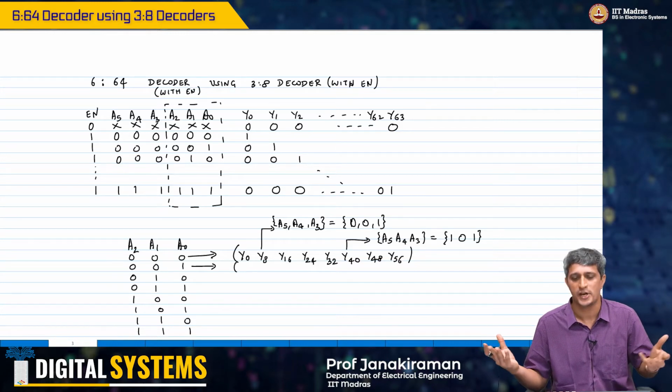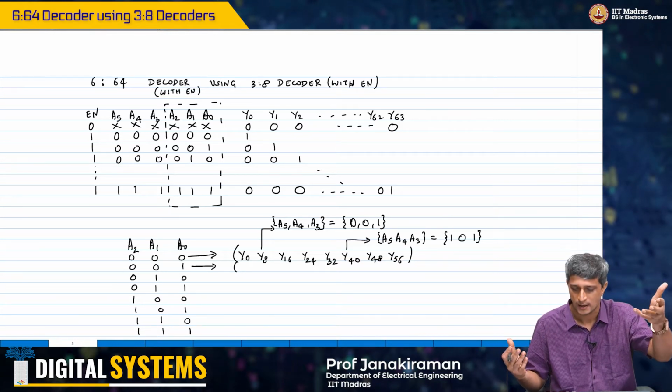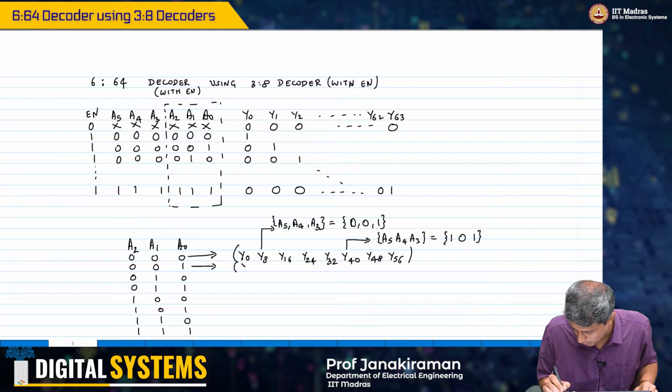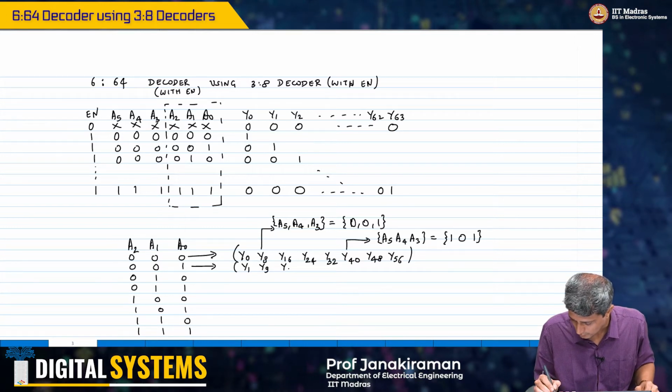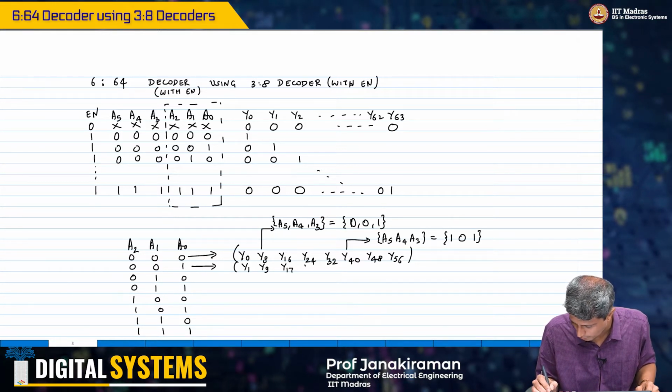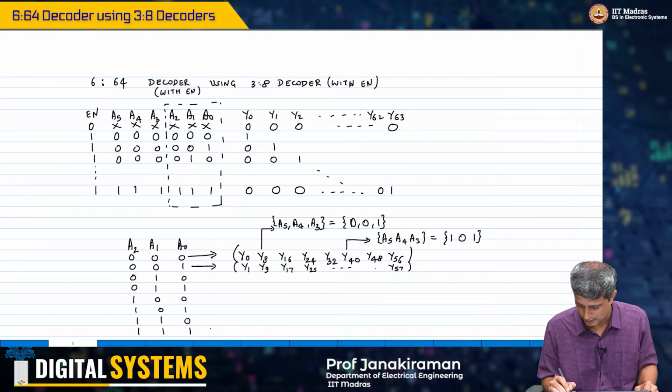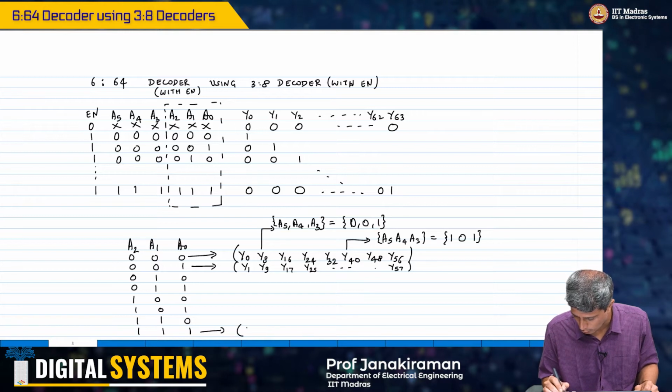Likewise, there are 8 combinations because of A5, A4 and A3, and therefore this will be Y1, Y9, Y17, Y25, like this all the way to Y57, right?